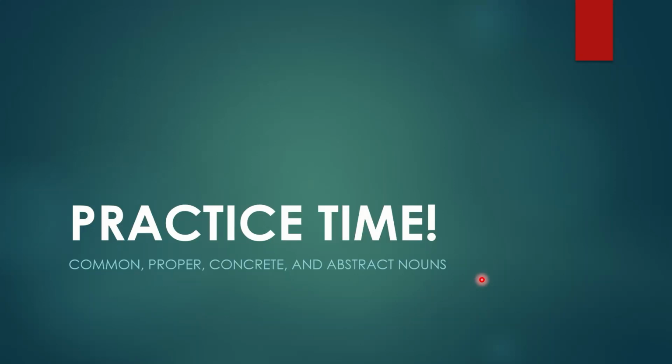So we'll be having a practice time. Don't forget the common, proper, concrete, and abstract nouns. Common, small letters; proper, big letters. Concrete can be touched, smelled, heard, seen, and felt. And abstract nouns are the ones that we cannot just see, but rather a quality or a characteristic of a person.